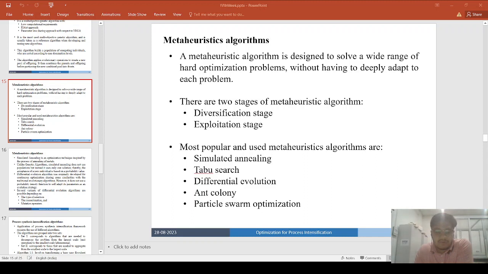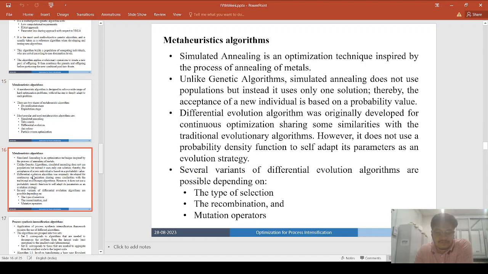Now the other one is the differential evolution algorithm. The differential evolution algorithm is a meta-heuristic algorithm proposed by Price and Storn in 2005. It was originally developed for continuous optimization, sharing some similarities with the traditional evolutionary algorithms.